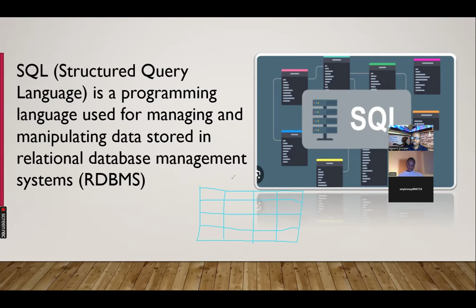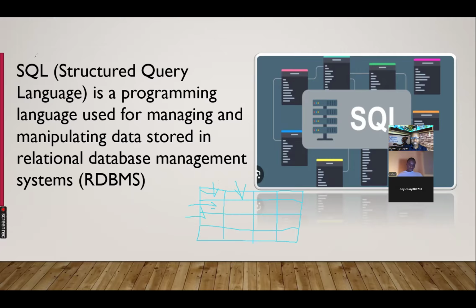A table structure consists of attributes, which are the columns, and then also the ID, which are the serial numbers, that is the rows.